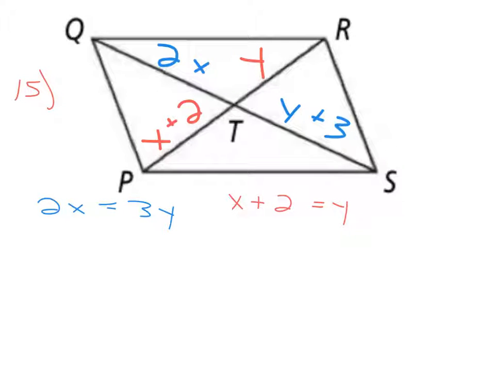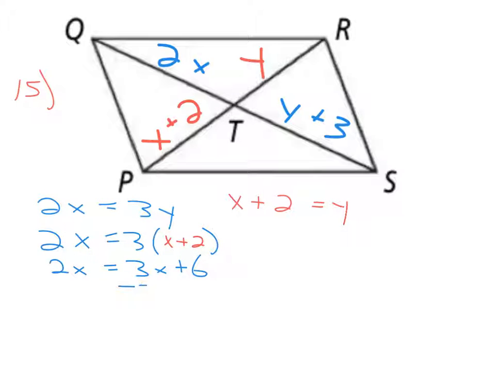So we know, just looking at this, we know what y is equal to. Y here is equal to x plus 2. So let's write it over here. We could say 2x equals 3 times whatever y is from the other equation, and y is equal to x plus 2 in the other equation. So we're going to simplify it. 2x equals 3x plus 6.